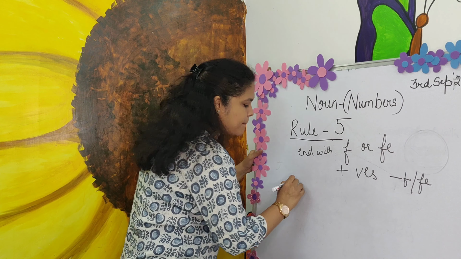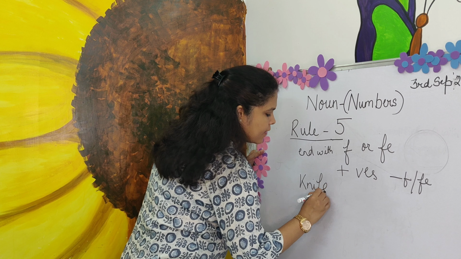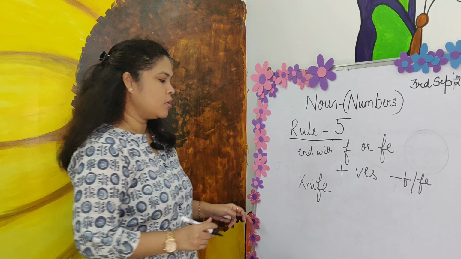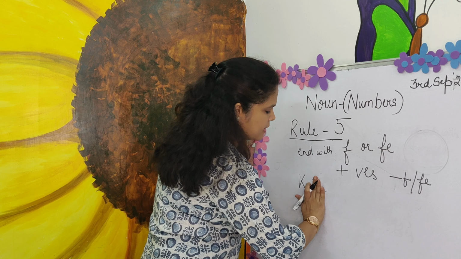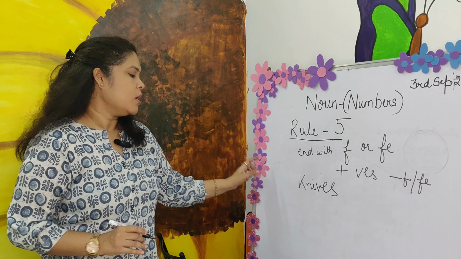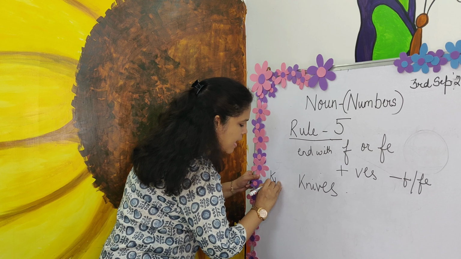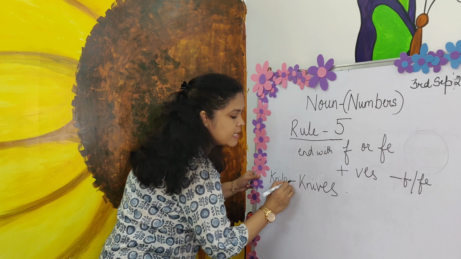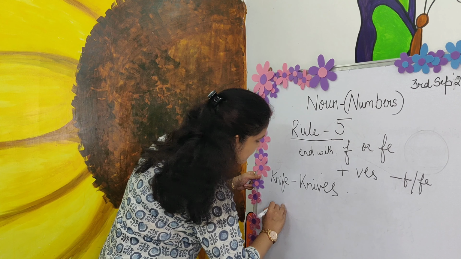Let's do it with an example. Knife, K-N-I-F-E. We remove this FE and we make it knives. So the plural form of knife is knives. Okay, we will see a few more examples.